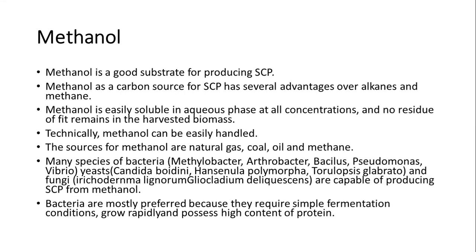Methanol is a good substrate for the production of SCP. As a carbon source for SCP, methanol is easily soluble in the aqueous phase at all concentrations and no residue remains in the harvested biomass.